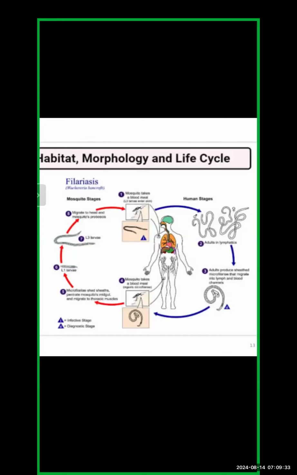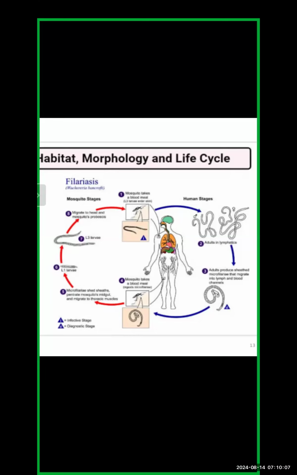So it matures into the adults, male and female, which reproduce to produce a lot of microfilaria. These sheathed microfilaria migrate to the lymph and the blood channels. And when another mosquito comes in to take a blood meal, it ingests this microfilaria.